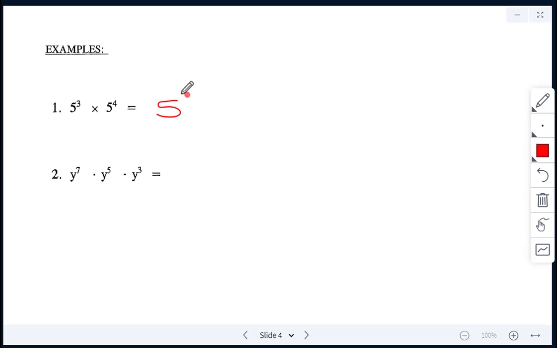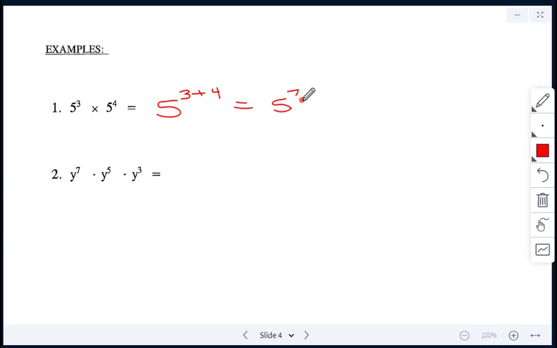So this becomes 5 to the power of 3 plus 4, which becomes 5 to the power of 7. Now it depends on the question. Some of the questions will say leave your answers in exponential form. So today we're just going to leave the answer in exponential form here as 5 to the power of 7.